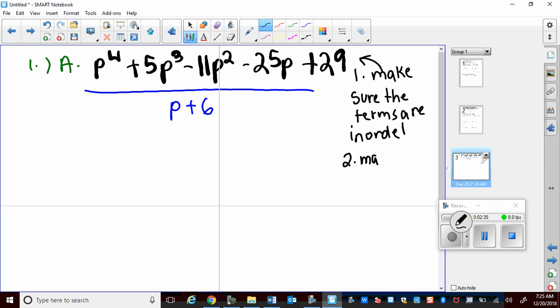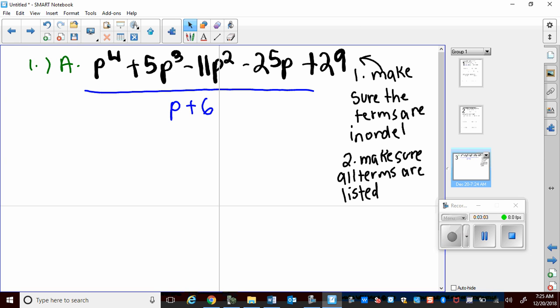Make sure all terms are listed. So if you start with p to the 4th, you should have a p cubed term, which we do. You should have a p squared term, which we do, and a p term and a number term. If you don't have one of those numbers, you always plug in a 0.